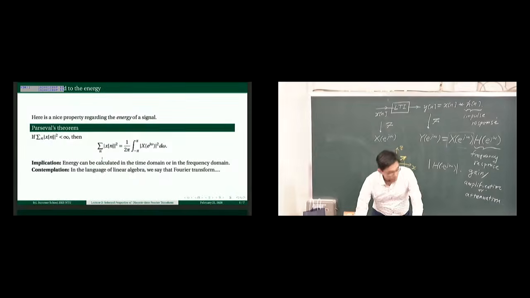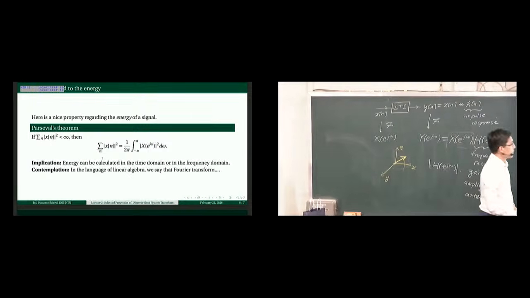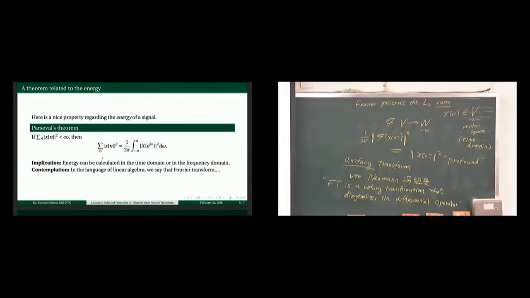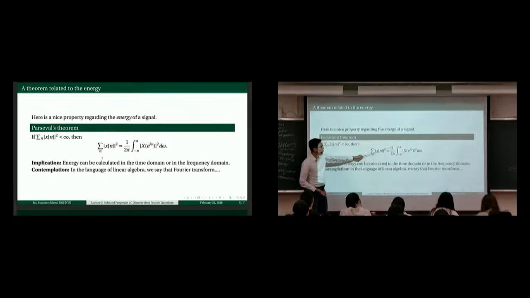By Parseval theorem, which we haven't proved, I'm sharing with you that for this version, DTFT, you can calculate the energy in time, or you can calculate the energy in frequency, and the only difference is 1/2 pi.